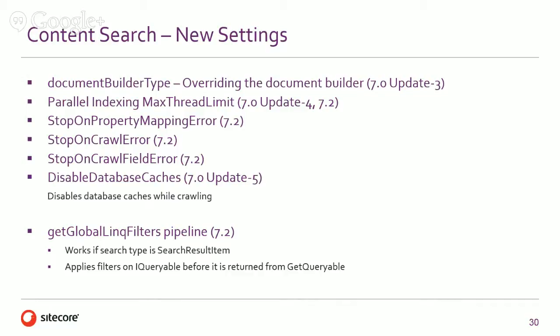You would just get an exception, and you would have no search results at all. So now you can turn this switch off, and it will just skip things. Things are still logged when this happens.